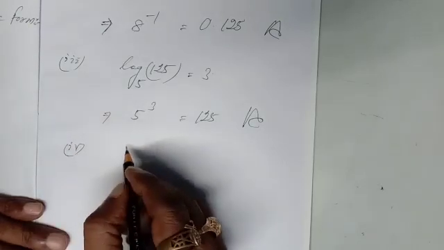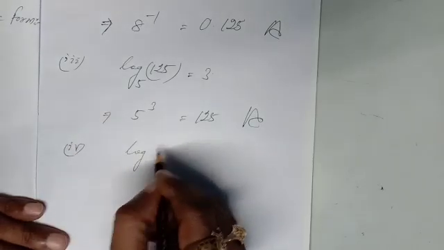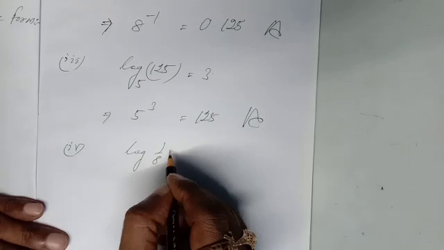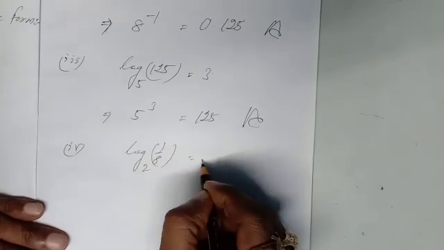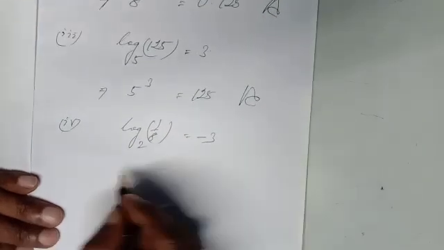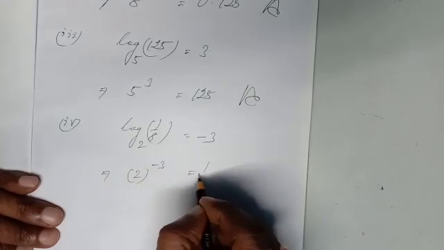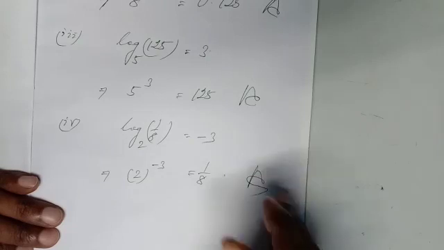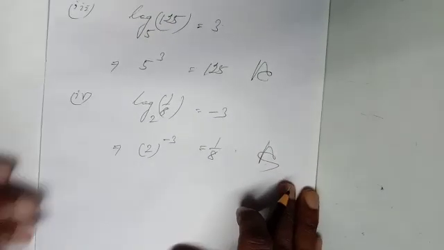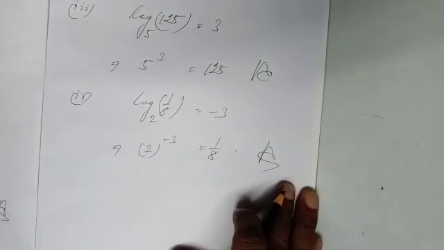The fourth part question given is log 1 by 8 base 2 equal to minus 3. That means 2 to the power minus 3 is equal to 1 by 8. This is the answer of number 2 fourth part. In this way I have completed number 2, 4 questions and number 1, 3 questions.